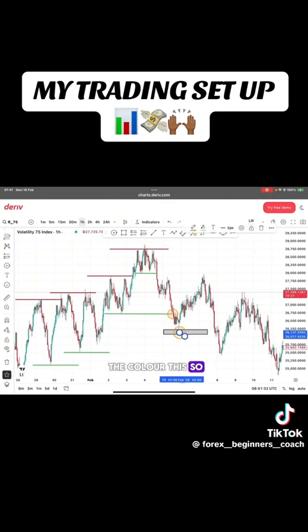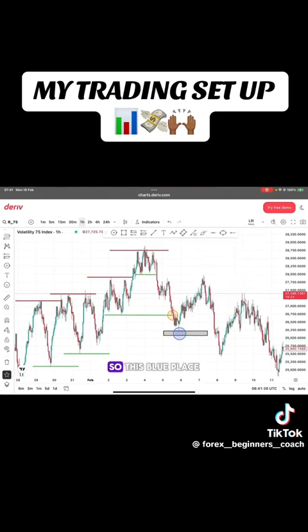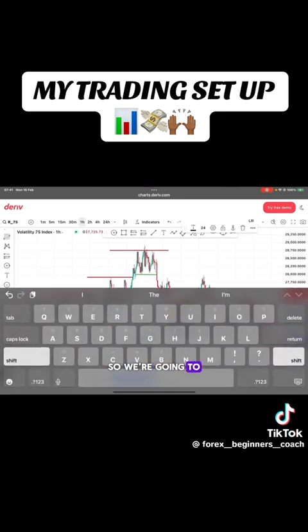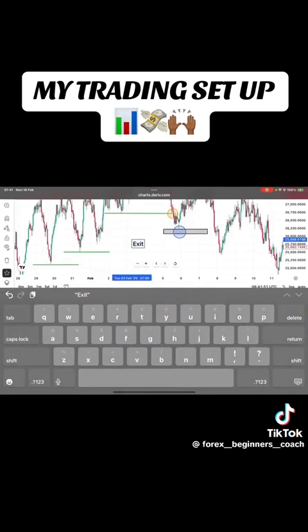So let's make it blue. So this blue place we've marked, which is the end of the change of character, is going to be known as our exit point. So we're going to put exits. We can also say our TP.